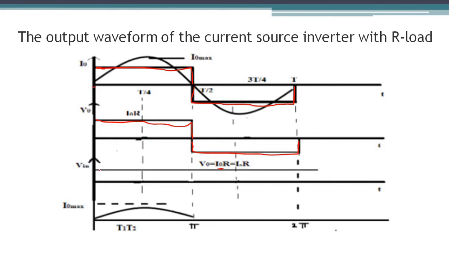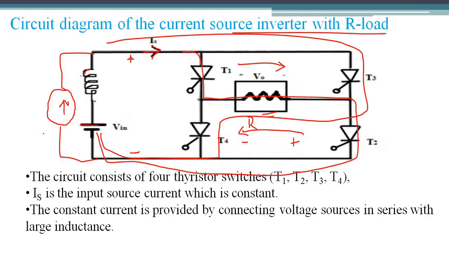And this input voltage Vin is always positive, because Is is constant. How can we get the input voltage? To find it, apply KVL between T1 and T2. Since T3 and T4 are absent, they are open circuited, and T1 and T2 are short circuited.